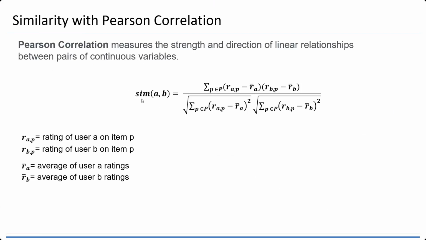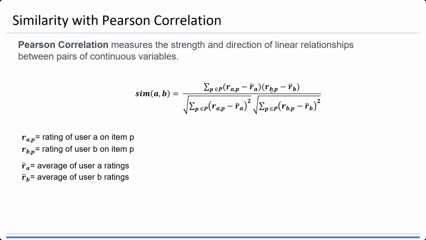If we want to get the similarity between A and B, we need to check, let's say, rating R A, comma, P. So it is the rating of user A on item P minus R bar A, which is the average of user A's ratings.